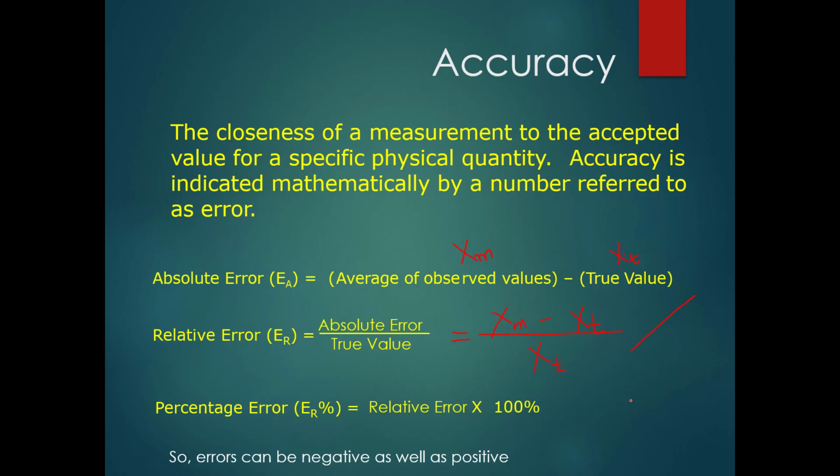The relative error, when it is represented out of 100, is called percentage error. One more thing that you notice, that errors can be negative as well as positive. If the measured value is higher than the true value, then error will be positive, and if the measured value is lower than the true value, then the error will be negative.